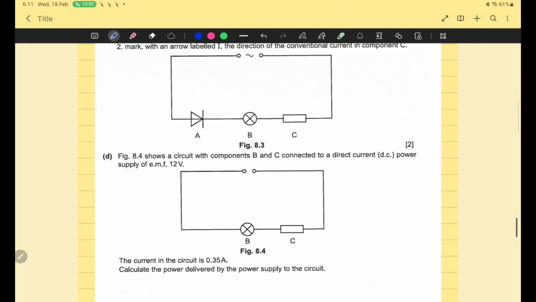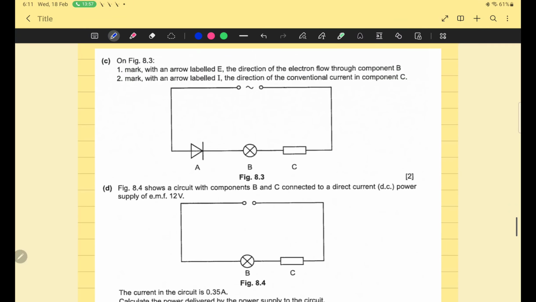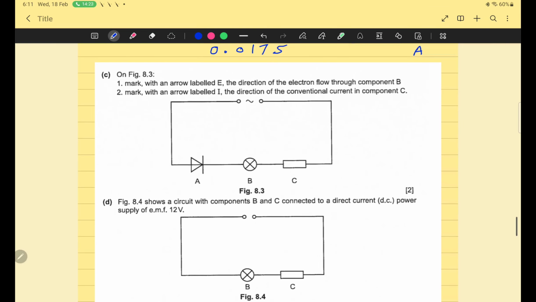And now the question is: mark with an arrow labeled E the direction of electron flow through component B. Number two, mark with an arrow labeled I the direction of conventional current in component C. But the issue is, sir, this is alternating current.